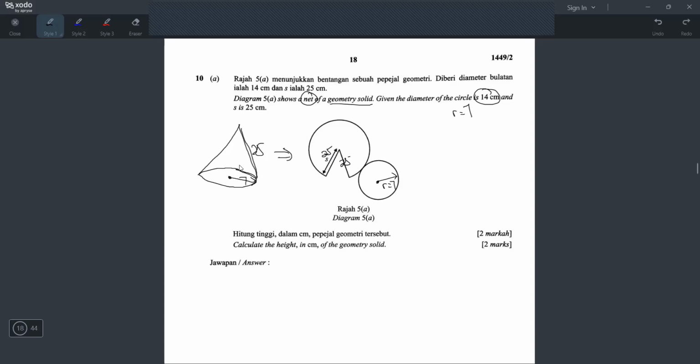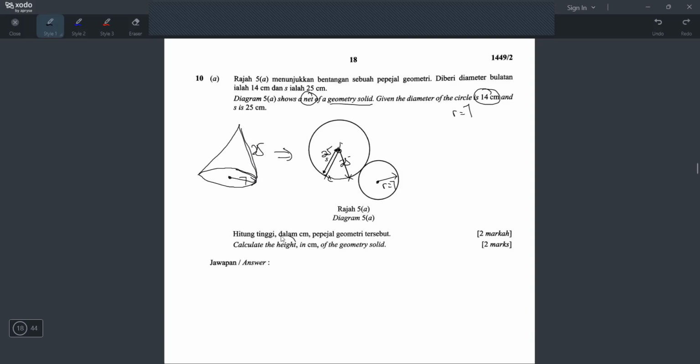Okay, you have to imagine it. When you take this point and this point and you try to connect them together, then this point will end up going up. Okay, when you join this, right? And the 25 will become the slanted height.